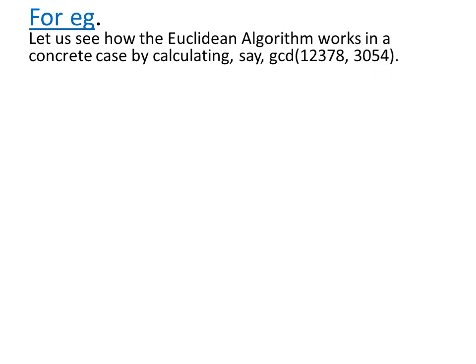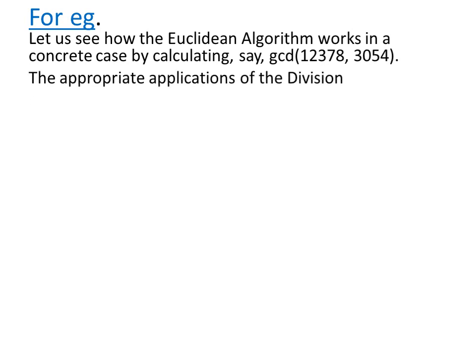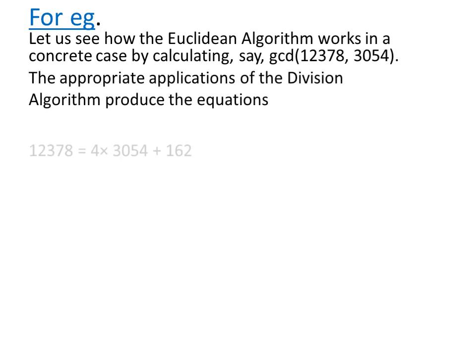Let us apply the division algorithm to these two numbers to get quotient and remainder. After division we got quotient 4 and remainder 162. You can verify it. This 162 is not 0, so we cannot stop here. We have to repeat the division algorithm in the next step.